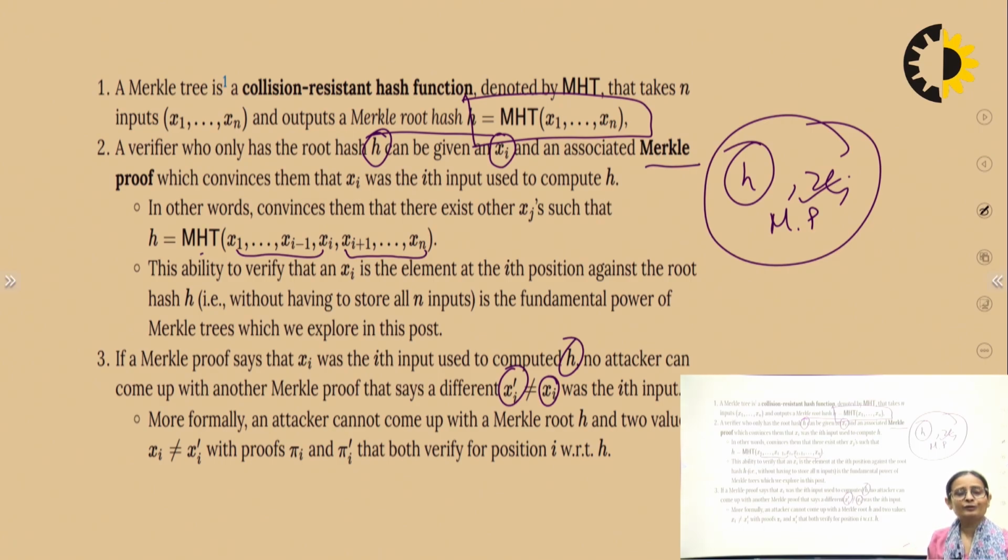And also, if someone modifies it and says, okay, this is Xi dash and it is also part of this Merkle tree, then this kind of attack can easily be identified, since at the ith location we have only Xi, which we have already verified, and not Xi dash. Why? Because H remains the same, this remains the same, and if someone wants to modify Xi with Xi dash, then this is not possible.